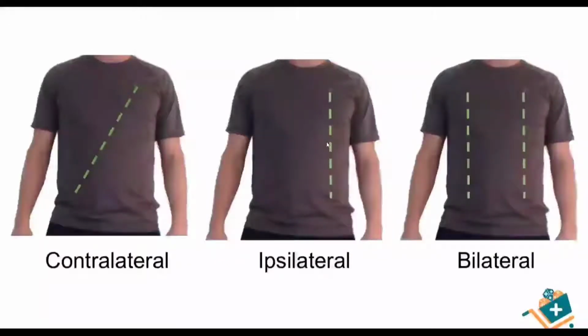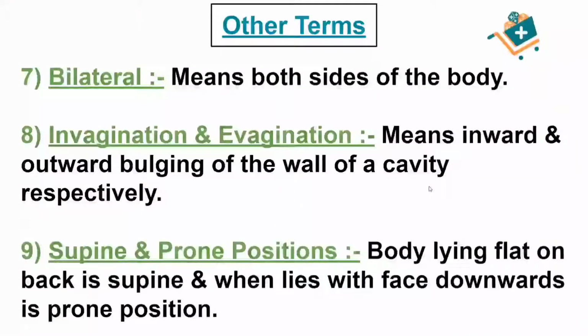And bilateral, you can see this in the figure. Bilateral means both sides of the body. Now invagination and evagination. Invagination means inward, and evagination is when something is coming out of a cavity.